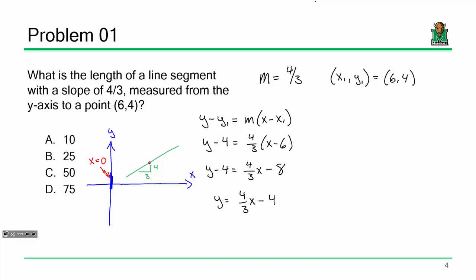So on the y-axis, x equals 0. Therefore, y is minus 4. You see what I mean? My point is this, I now have 2 points. I have this point, and I have the following point.